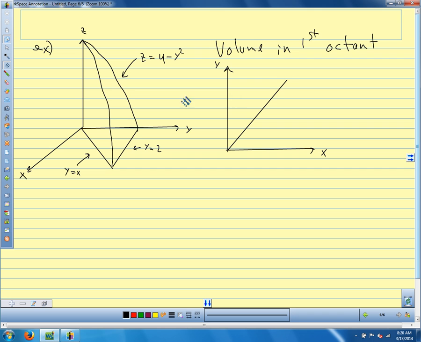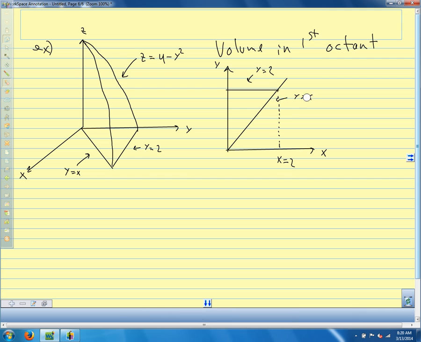All right, so there's y equals x, and there's y equals 2. And there's x equals 2, because I think we'll need that for our other order of integration. So our region in the xy plane, is it above the line y equals x or below?